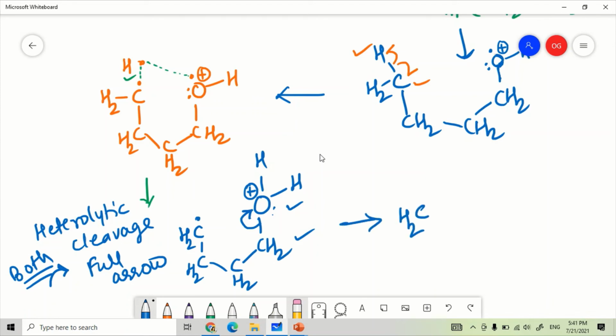See, I am writing this CH2 again, starting from this CH2: CH2 CH2 CH2 again CH2. Now from this bond, both the electrons are taken away by this oxygen.